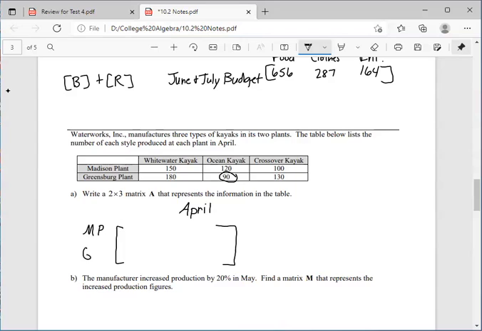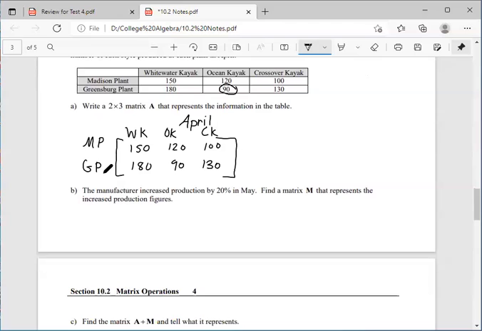So this is Madison plant, Greensburg plant, the whitewater kayak, the ocean kayak, the crossover kayak, but it's the same numbers, 150, 120, 100. We're just not using a table, we're using a matrix. So it's just asking us to write a matrix with this data in it.